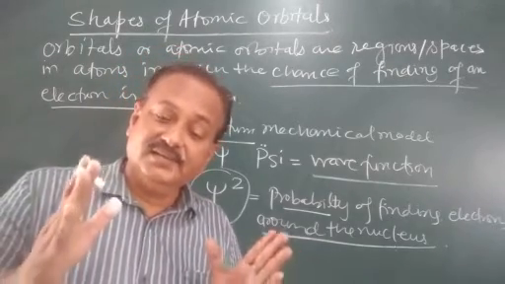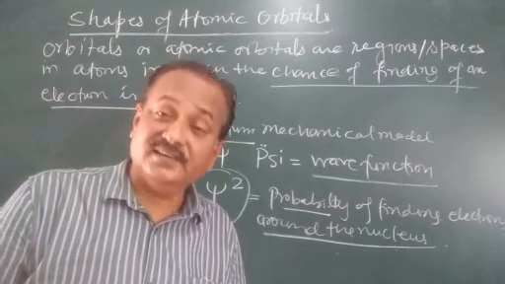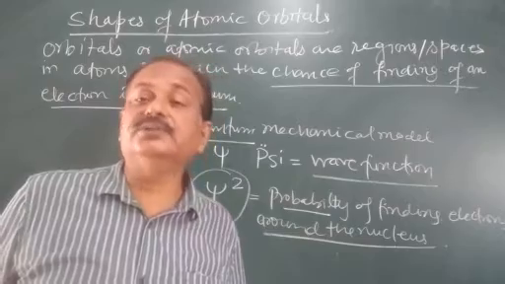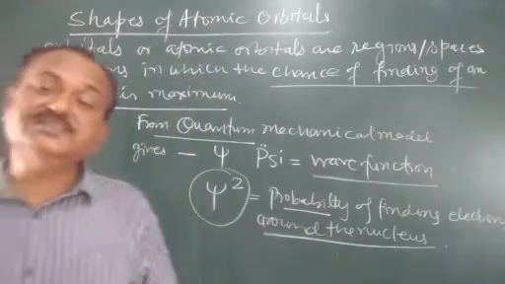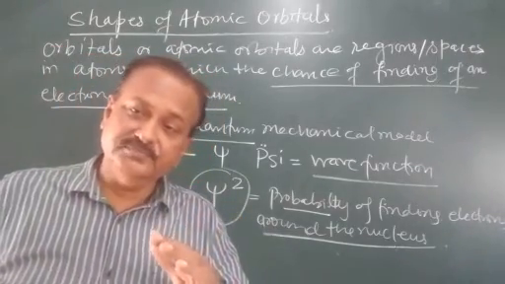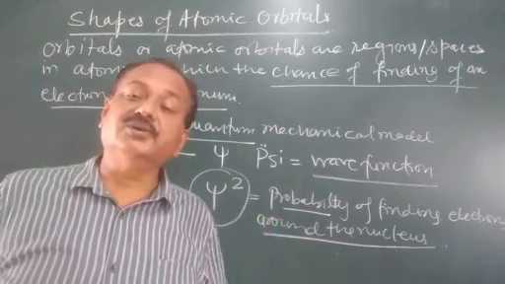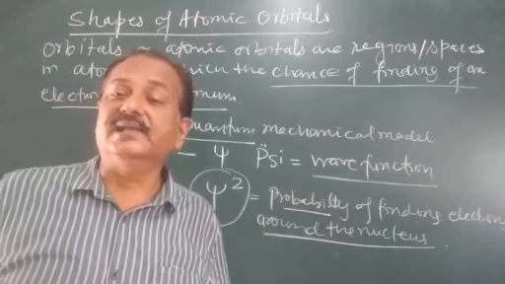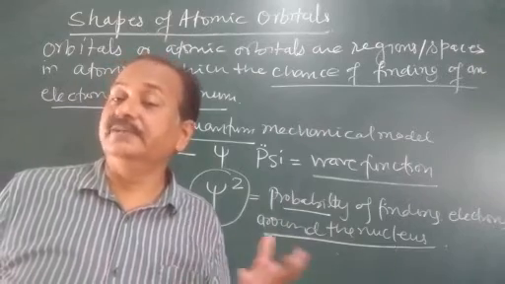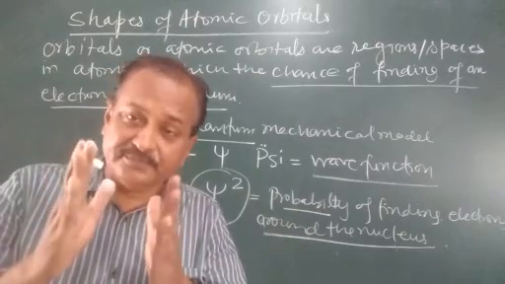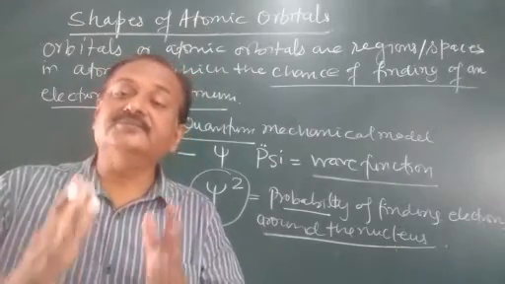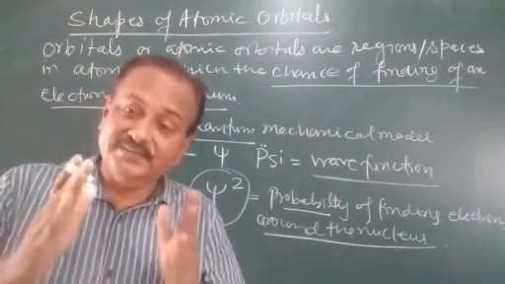Like if you say there is the sun, so sun can have different intensities. In the morning hours or in the evening, the intensity of sunlight is very low. If you want to dry our clothes, we cannot dry. Our clothes take much more time to dry in the morning or evening hours. What does it mean? That the intensity of the light is much less.